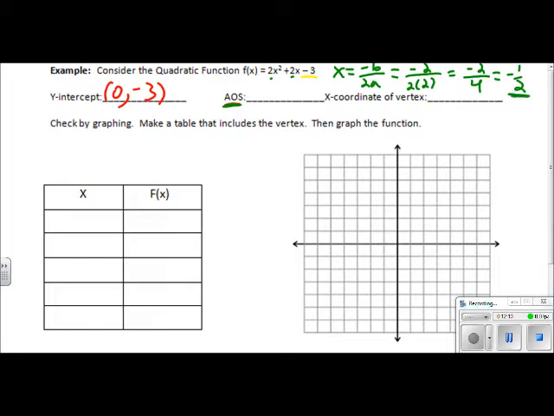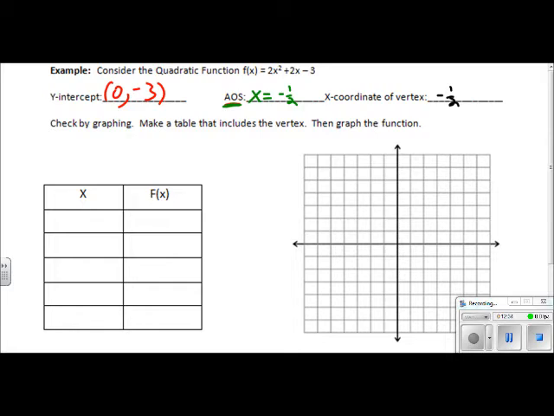So that is the x value. So our axis of symmetry is at x equals negative 1/2. The x coordinate of the vertex, which we found over here, is just the negative 1/2. So we can get rid of this work, get that out of our way.